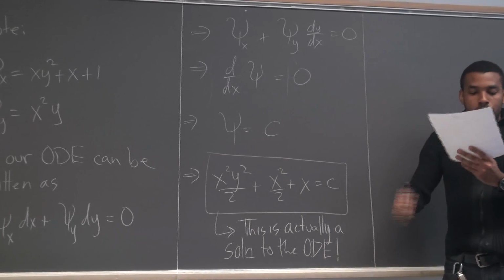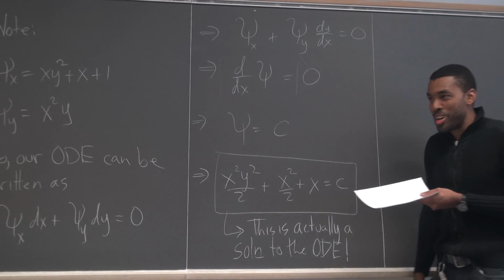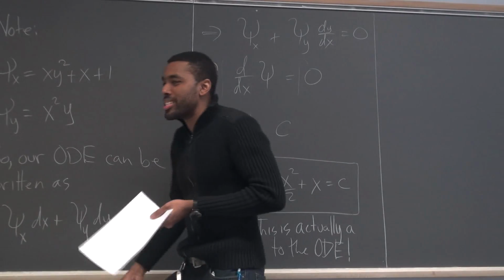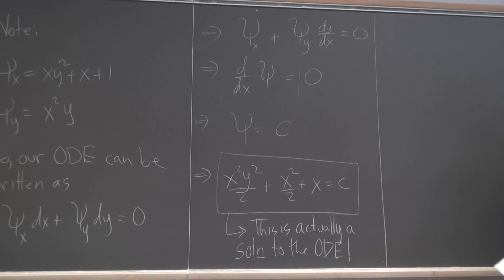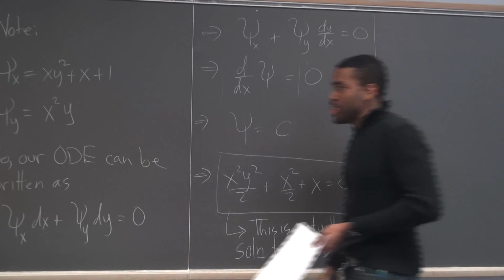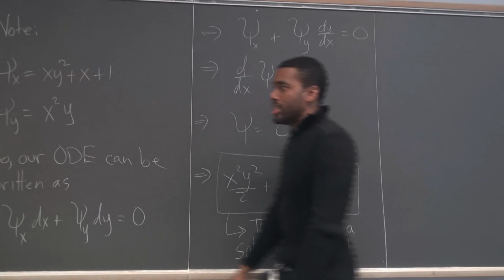So the obvious question is, how do you find that function, and how do we even know one exists? How do we even know to look for it in the first place? Maybe it doesn't exist. How do you know that every differential equation will have some function where the partial with respect to x gives you this part and the partial with respect to y gives you that part? So that's what we're going to deal with now.